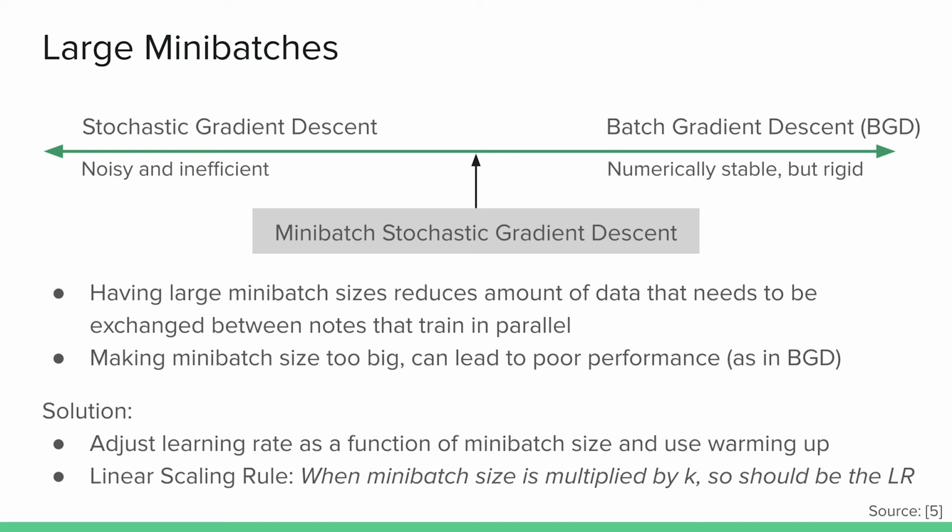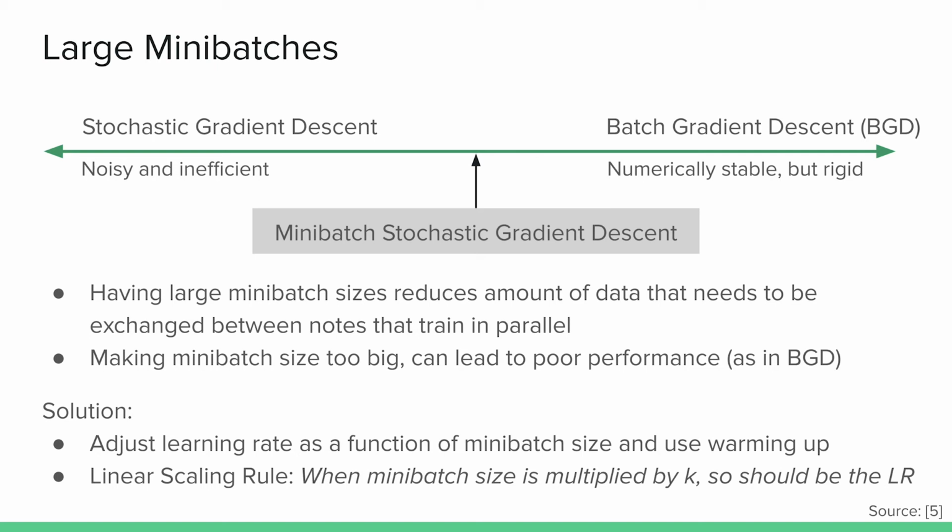So having this is usually beneficial, but just be careful that you're not too big, because otherwise you might exhibit poor performance again, either by overloading the memory of your GPU or kind of having this rigid version of gradient descent, as in batch gradient descent.